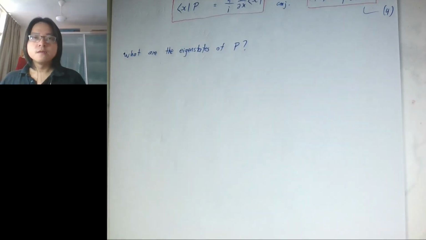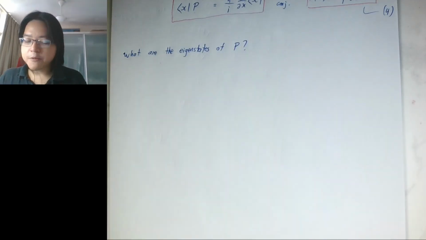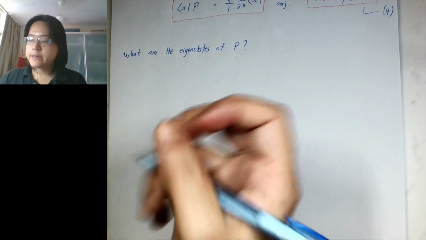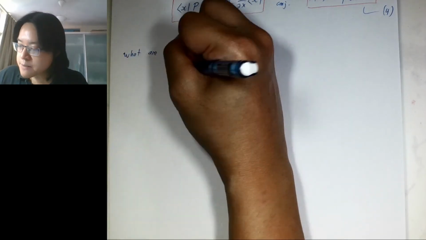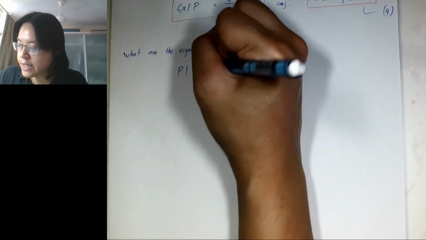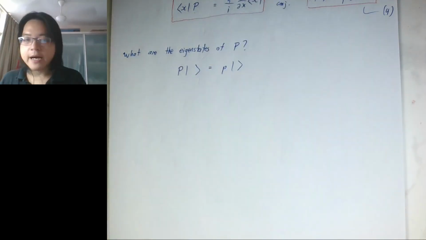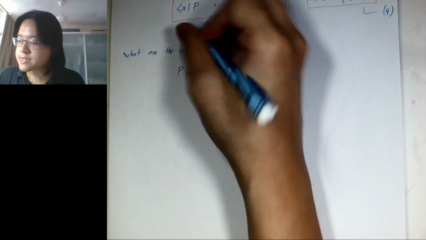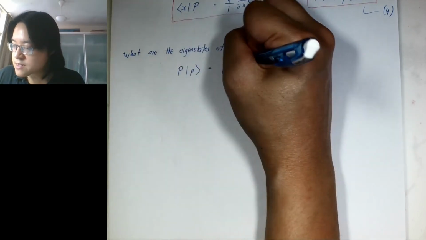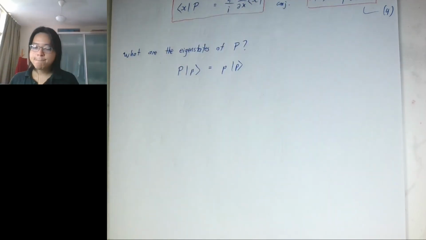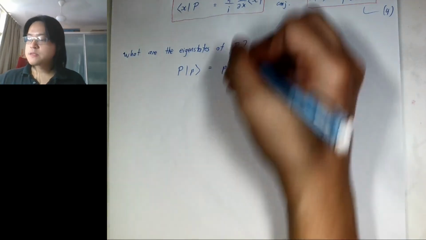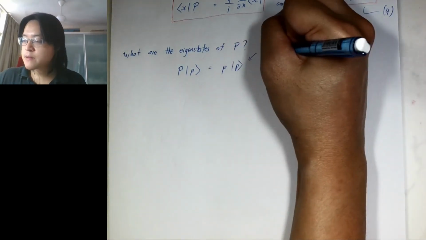So I want to find some state that when I act on it, it will just give me the same state again, times the eigenvalue. Since these are eigenstates of P, we'll just call this ket p. So I want to find what is p.